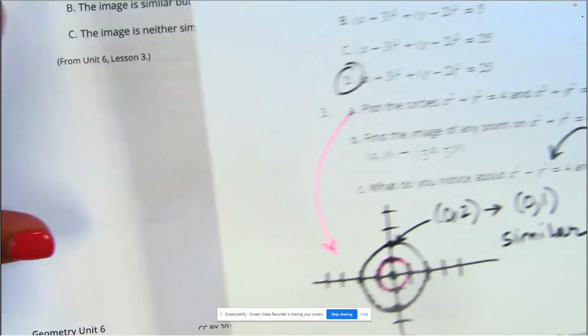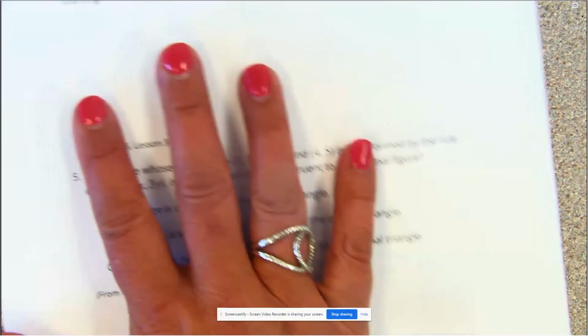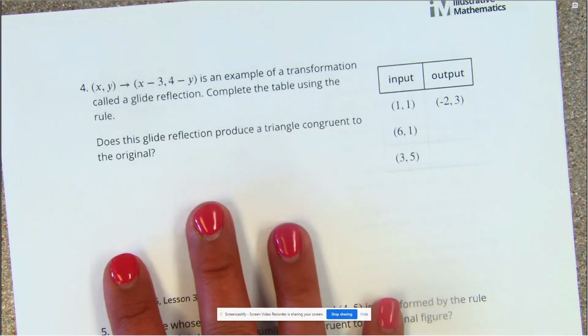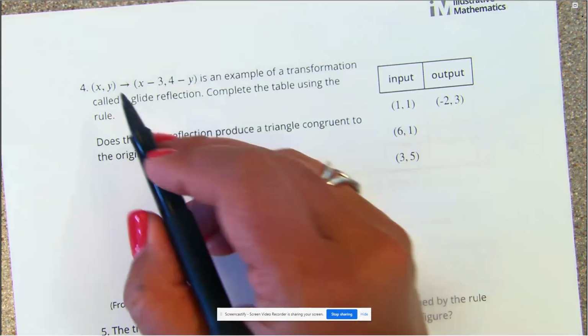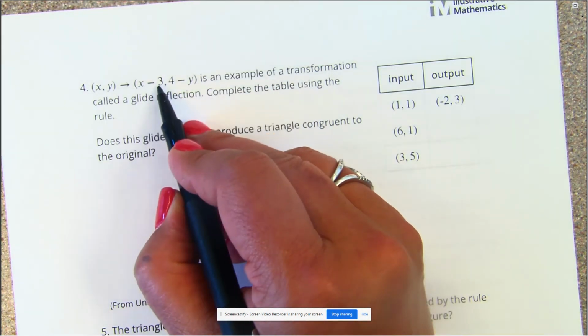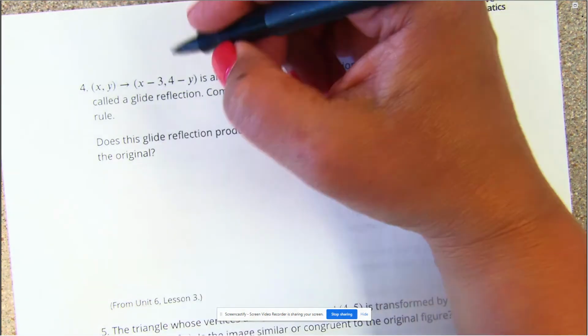All right, number 4. (x, y) becomes (x minus 3, 4 minus y) is an example of a transformation called a glide reflection. It's got a slide and a reflection. Complete the table using the rule. Does the glide reflection produce a triangle congruent to the original? So it says take 3 away from the x, and then it's easy, just look what this says.